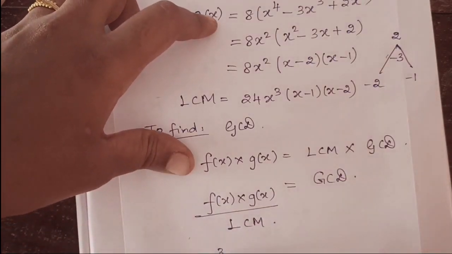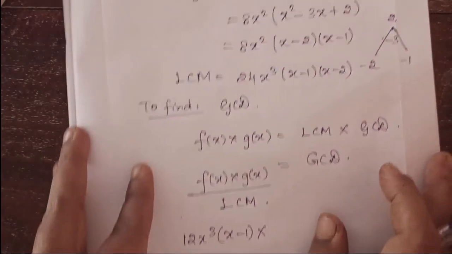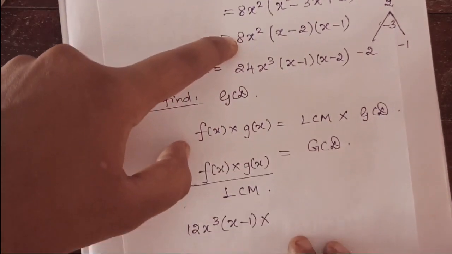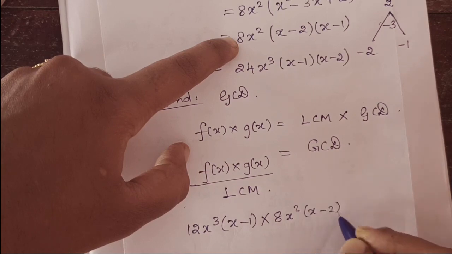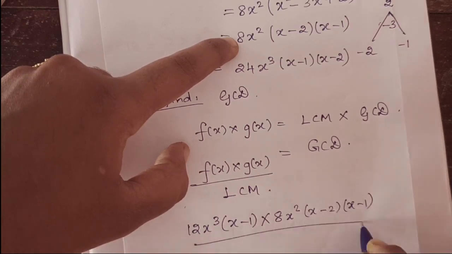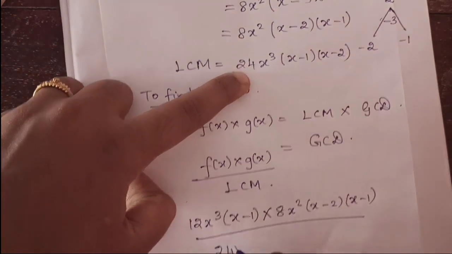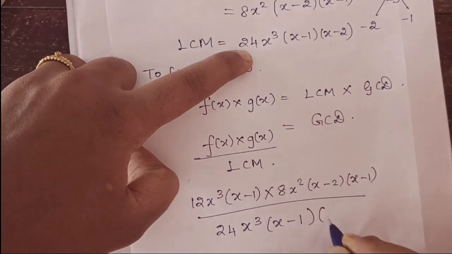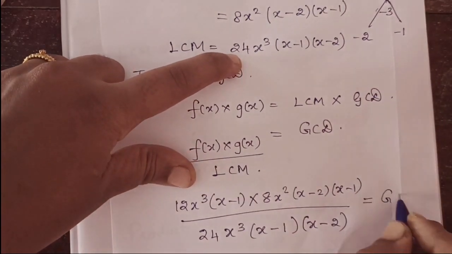So 12 x cube, x minus 1 into g of x. This last line, correct? 8x square line is the g of x. So 8x squared, x minus 2 into x minus 1 divided by the LCM. What is the LCM? 24 x cube, x minus 1 into x minus 2, which is equal to GCD.